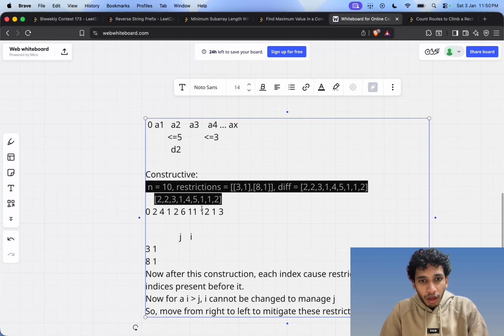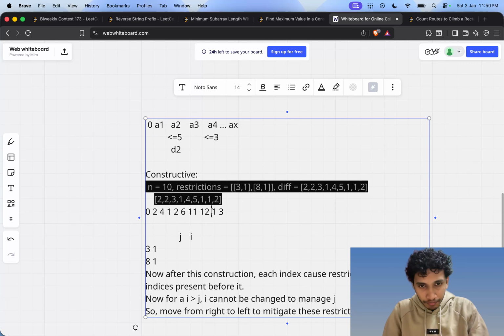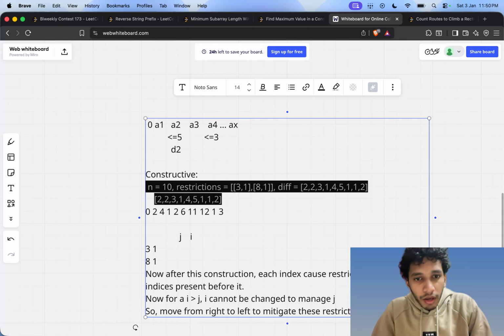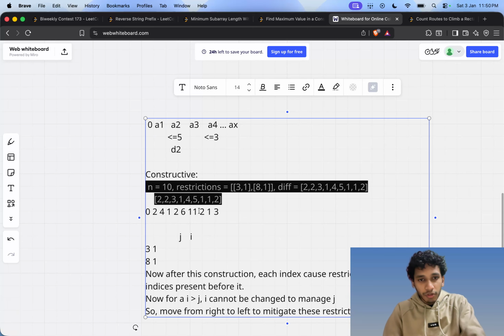Now this value cannot be changed to mitigate this because it is already the max of what it could have been. It cannot be increased any longer. Now to solve this, we need to decrease this value. How to decrease this? The restrictive value is 1. So this can be up to 2.